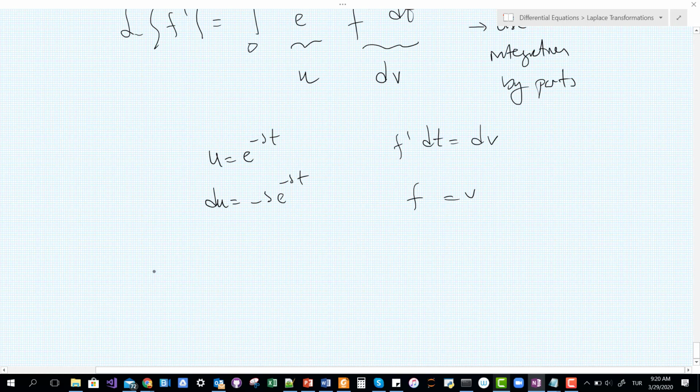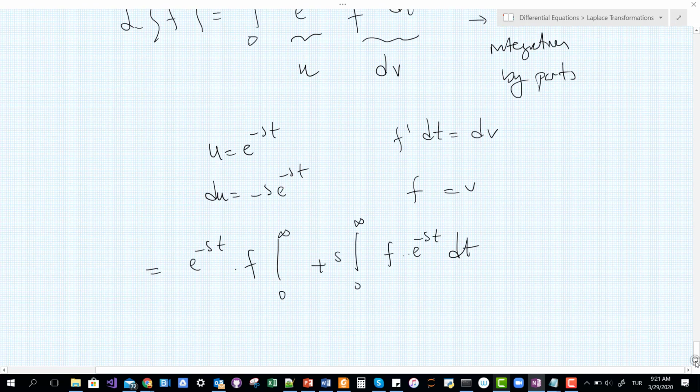So let me apply the integration by parts formula, which is u times v, e to the negative st times f, but don't forget to use the bounds, 0 to infinity, minus v times du. Under the same integral, v times du, which is negative s, so I can take this out, it is going to be positive s, so f times e to the negative st dt.